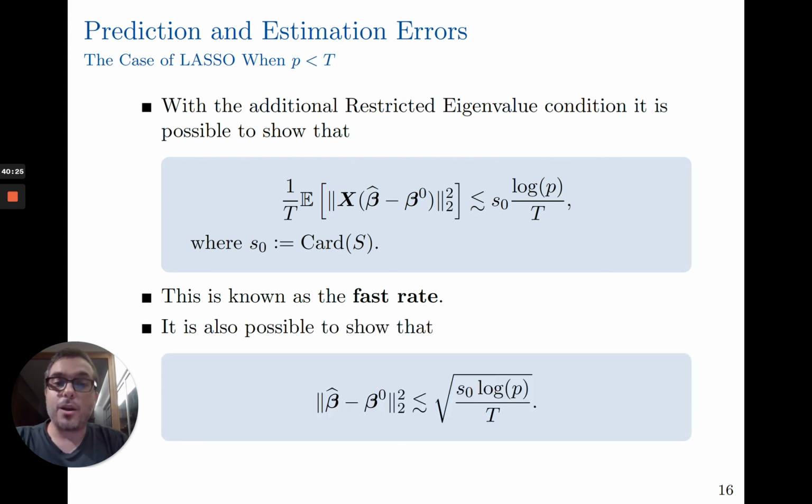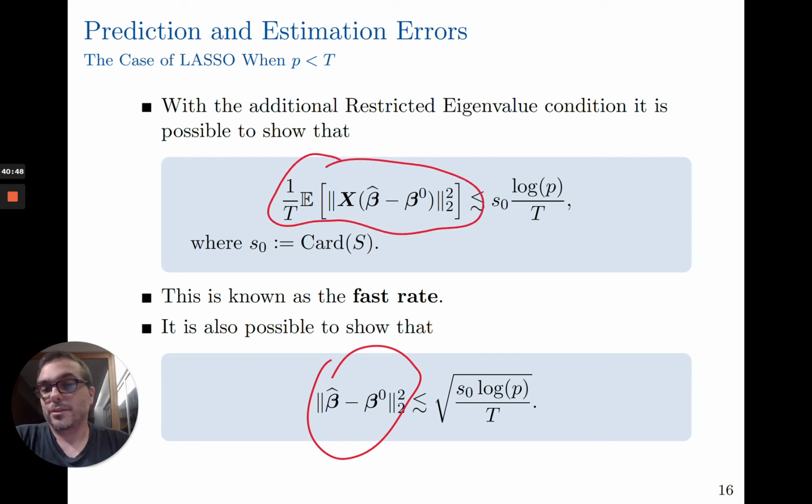And we can also derive bounds on the estimation error. But here you can see that the bounds are looser than the ones here. And why is that? Because this is a more difficult problem than that one.